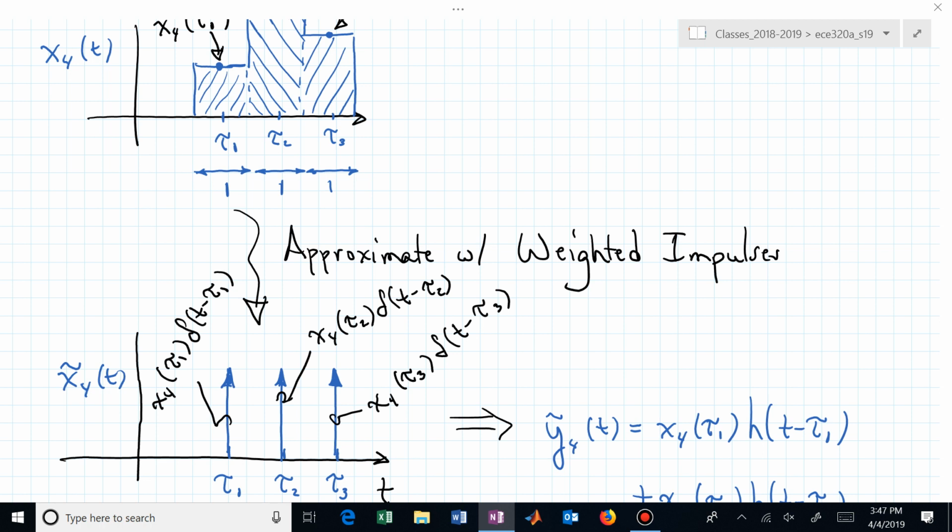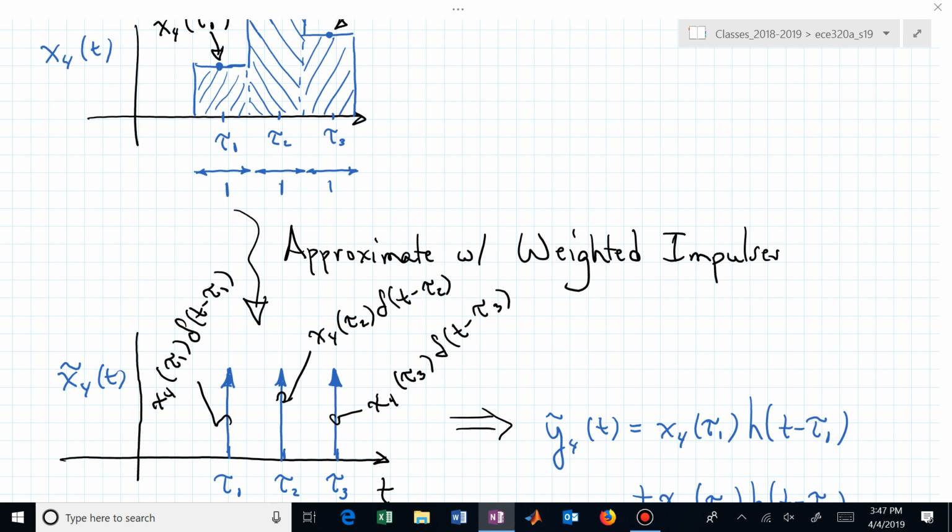But this is the approximation signal or implication that I'm trying to draw. Suppose that now we apply impulses at tau 1, tau 2, and tau 3, and we give those impulses weights equal to the value of that waveform. I'm assuming that the height really gives you the area underneath that little rectangle, because they have a width of 1.